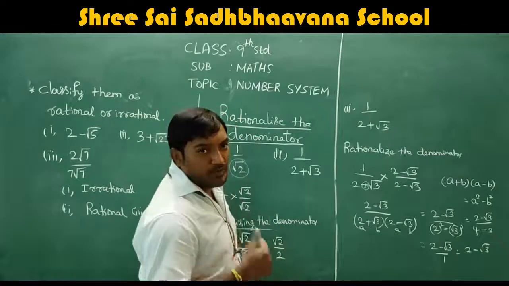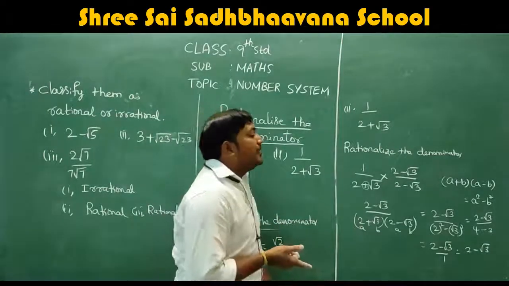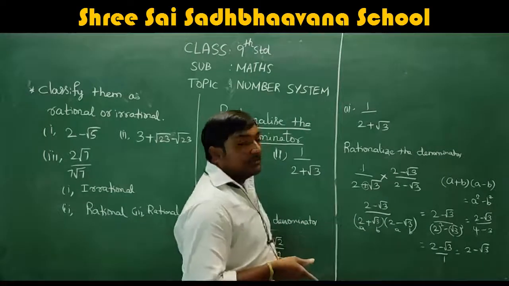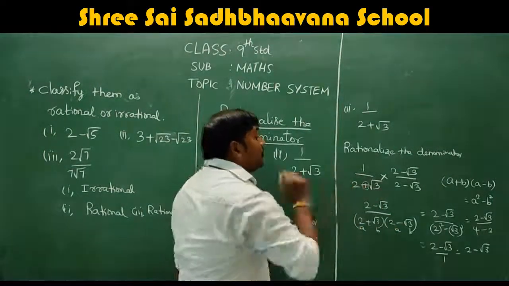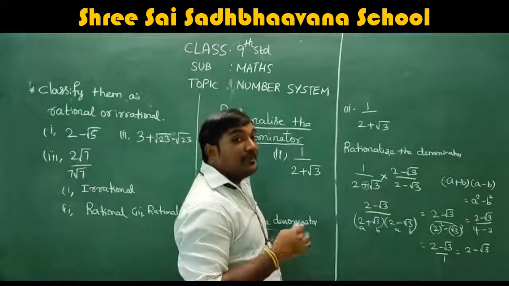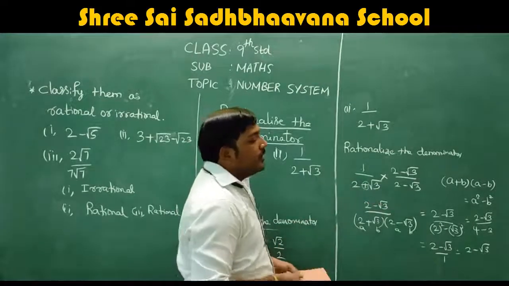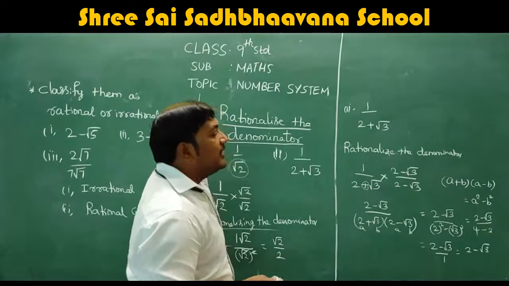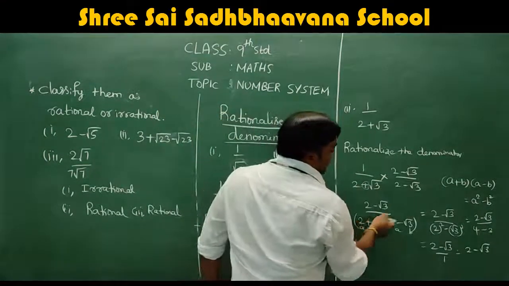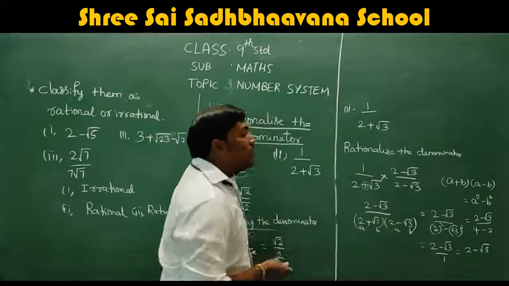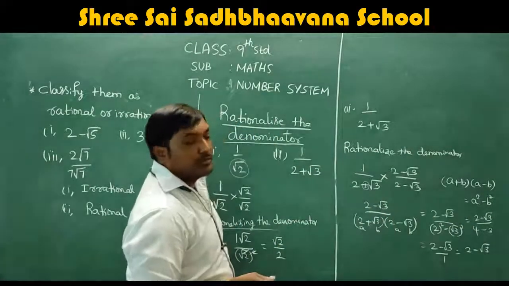Whenever you multiply, you have to divide. That is the reason I multiplied with 2 minus root 3 and divided with 2 minus root 3. So multiply 1 into 2 minus root 3, and 2 plus root 3 into 2 minus root 3, which is in the form of a plus b into a minus b. You know the formula, a plus b into a minus b is a square minus b square. Here a is 2 and b is root 3, so 2 square minus root 3 square.